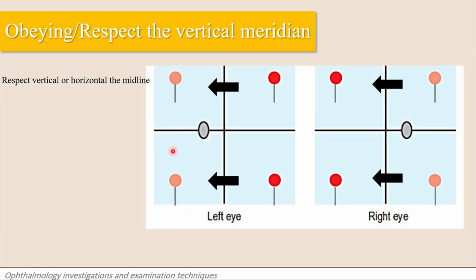You can also check whether it respects the vertical meridian or not. The patient will say, for example, it is washed out here, but once it crosses the vertical meridian and becomes in the nasal field, it becomes dark red. So you notice a pattern. It's not unseen, but it's washed out. Still, this is a defect. Remember, the concept of visual field is 3D.